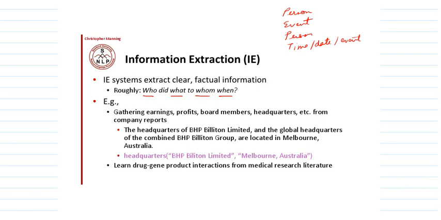So there could be different kinds of factual information present inside a text. That's one thing that we can do with information extraction.